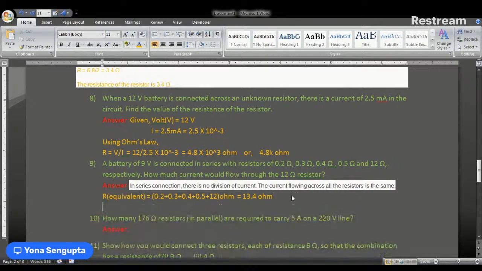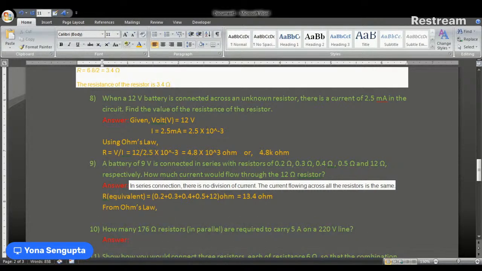Okay, so after finding the equivalent resistance, what do we get from Ohm's law?